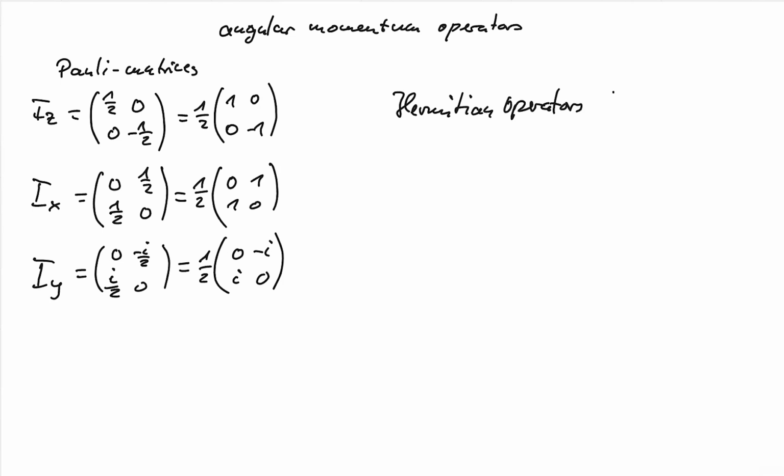That means in this case that the transposed and complex conjugated matrix is identical to the original, and this guarantees that we get real eigenvalues, and in this case then also guarantees that we get actual observable quantities.